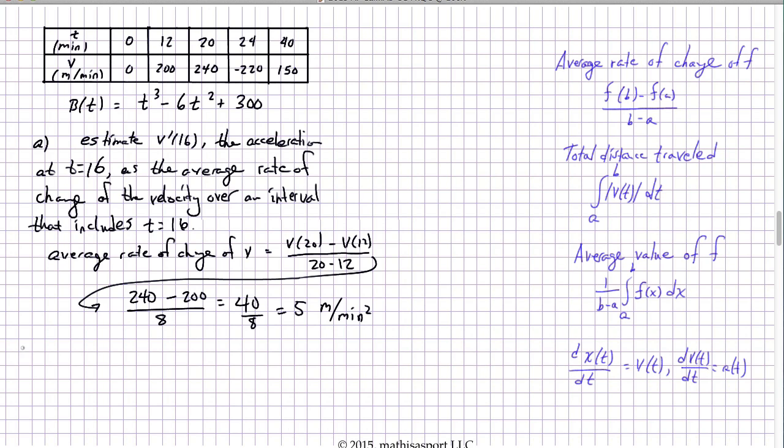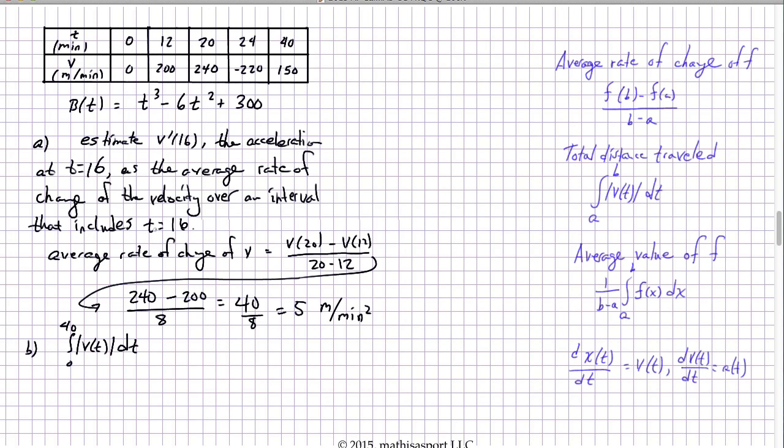Now in part B, we're asked to interpret the meaning in the context of this problem of the integral from 0 to 40 of the absolute value of v of t dt. Okay?